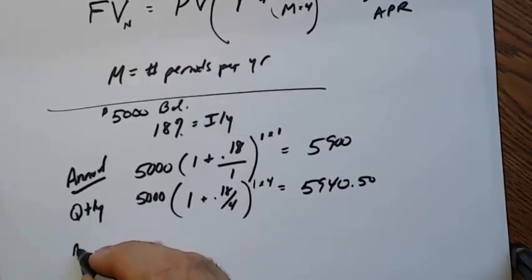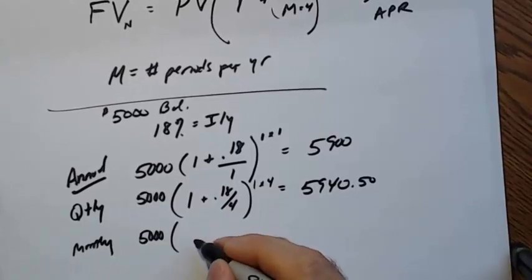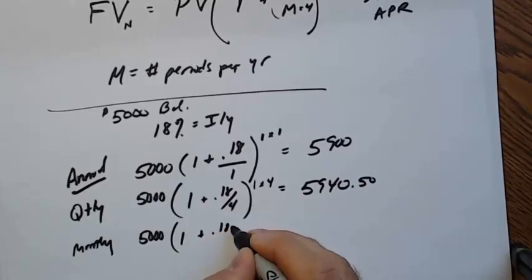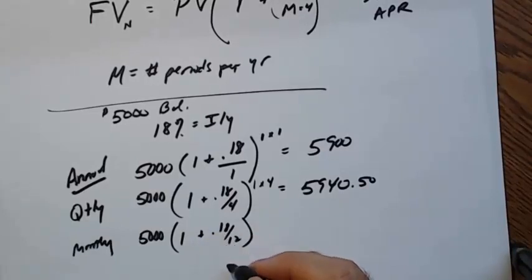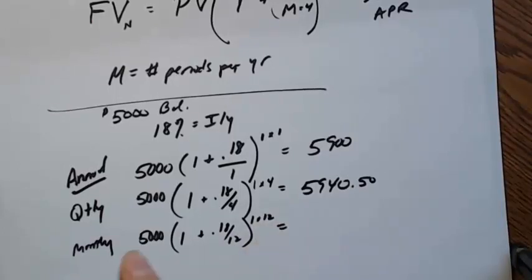If you did it monthly, which is more common in the credit card world, I'll do the calculation monthly. You're going to chop that interest rate into 1.5% per month, but you're going to compound it over 12 months.